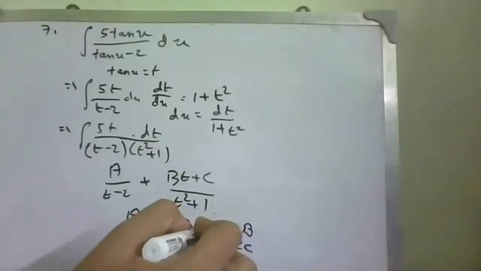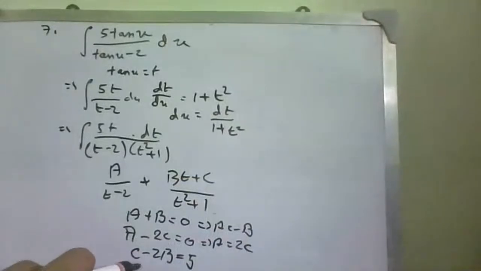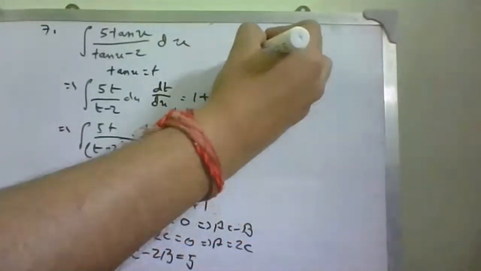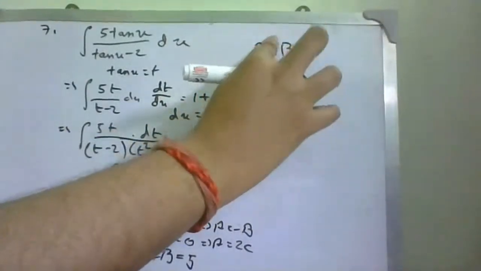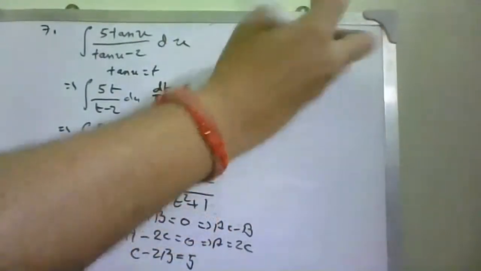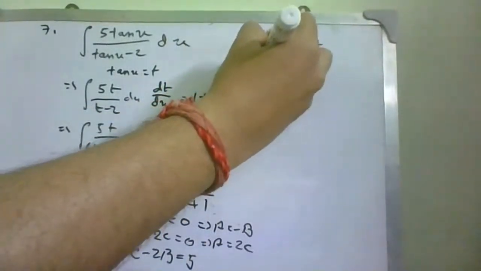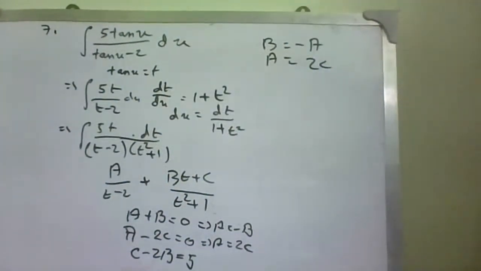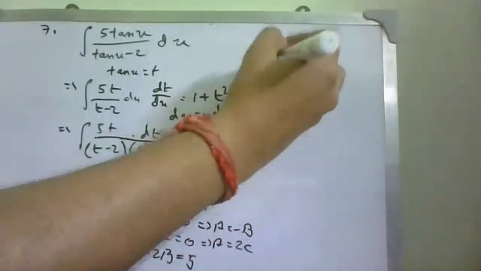So we have a plus b equals 0, or in other words b as minus a, and a as 2c, or c as a over 2.